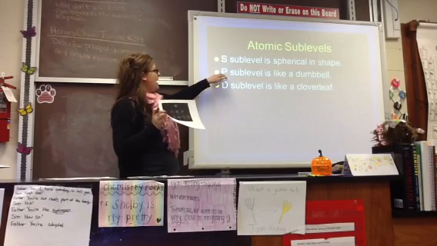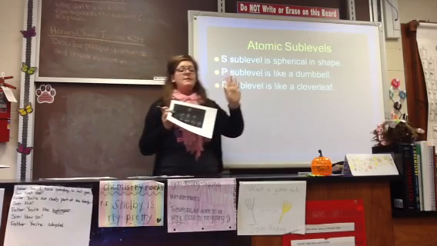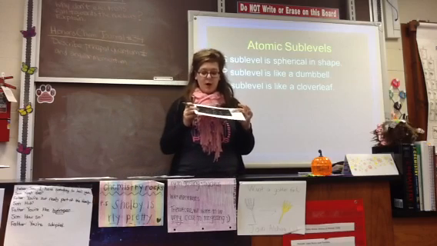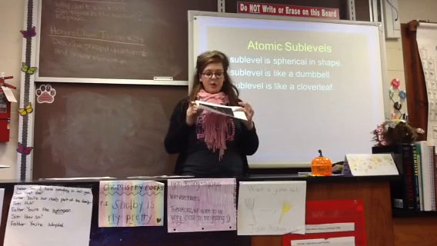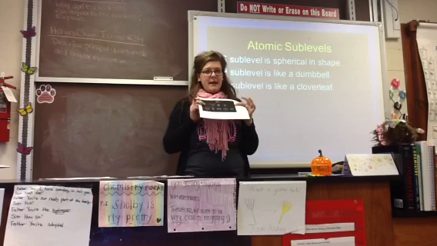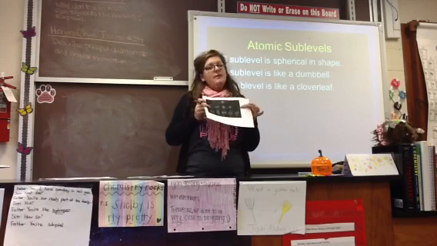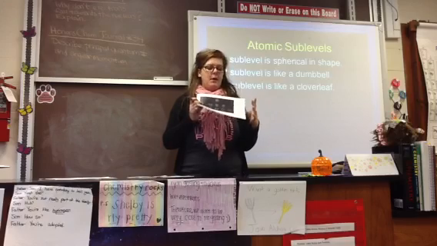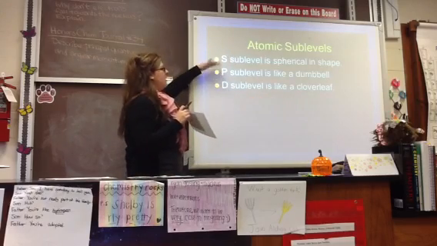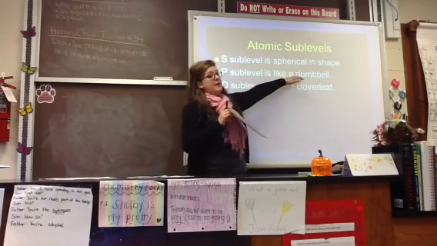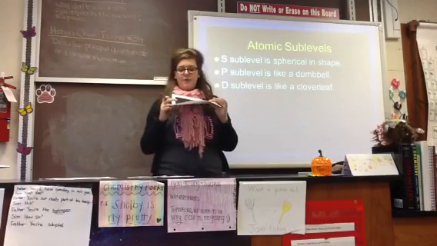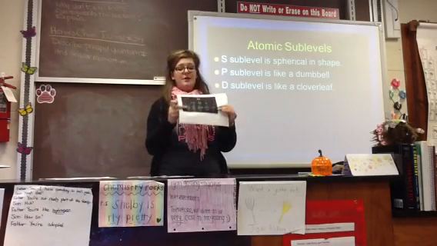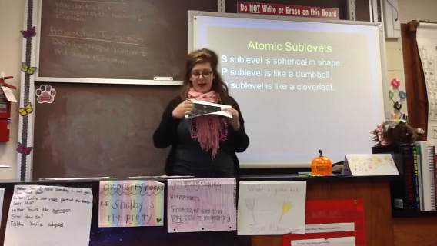If you look at the P sublevel, columns 3A through 8A, I drew what those electron clouds look like on your paper. Chemists would say that these look like dumbbells, so the P sublevel is shaped like a dumbbell. If we go down to the 3rd row on your drawings, you have 5 different shapes.